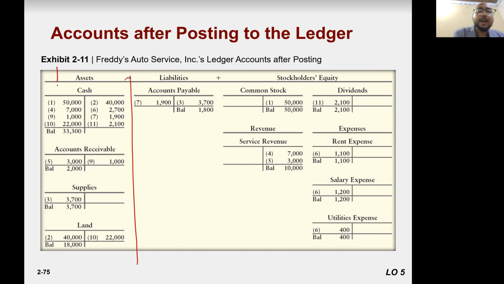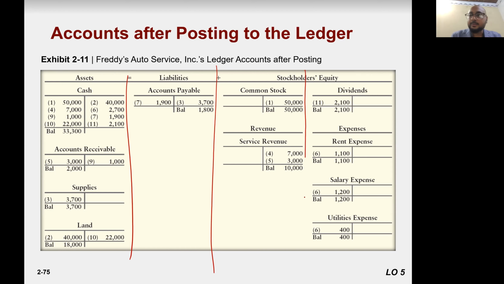You don't have to write necessarily this accounting equation. It's just to make sure that all this double entry system follows the accounting equation. So all the assets accounts, liabilities accounts, owner's equity accounts, retained earnings accounts, common stock. You see expenses.